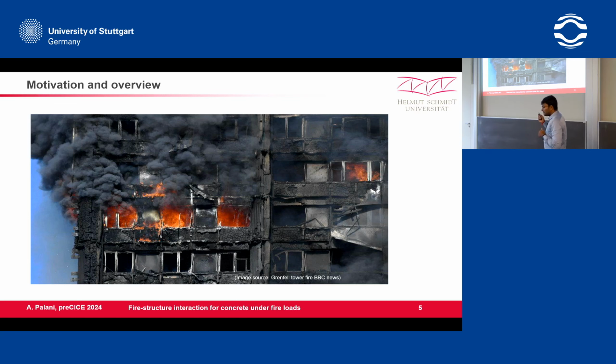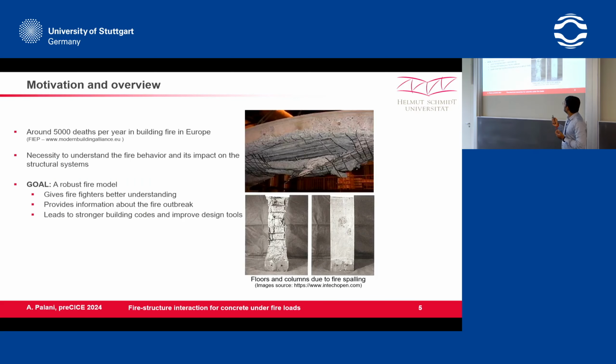This makes it necessary to understand fire behavior and its impact on structure. Our goal is to build a robust fire model that gives the firefighters a basic layout of where exactly the structure is stable and where we can expect a fall, and at the end it will also lead to stronger building codes.